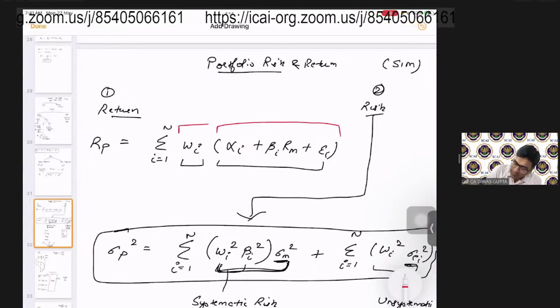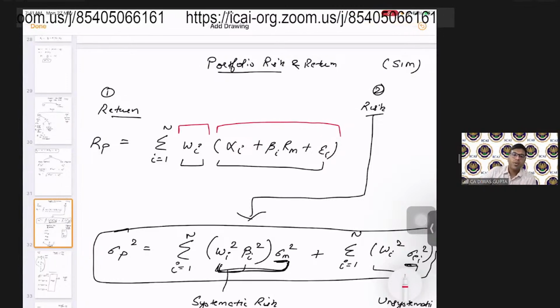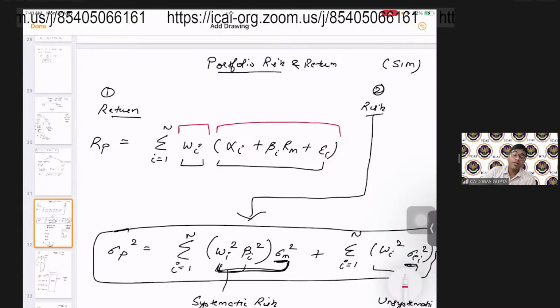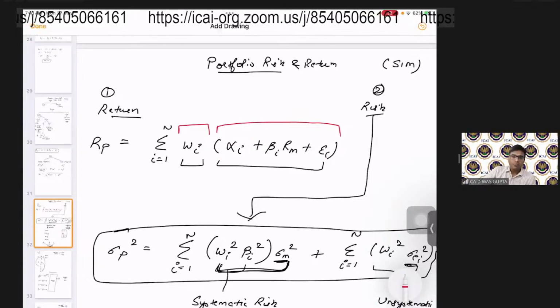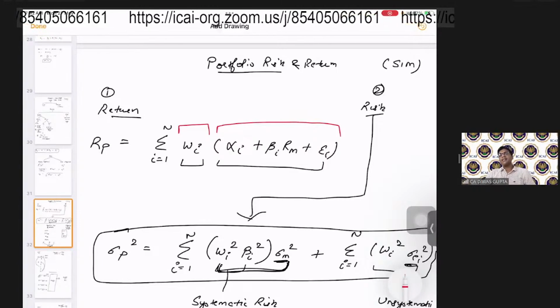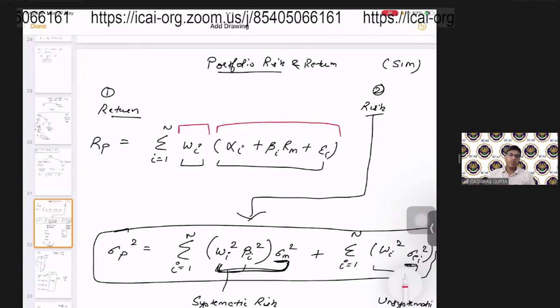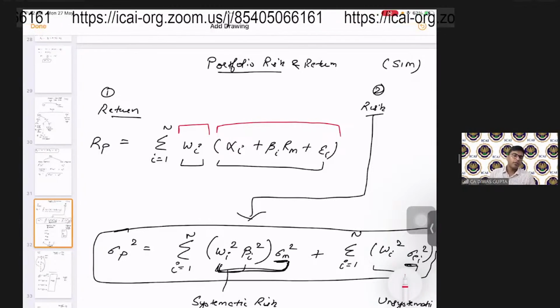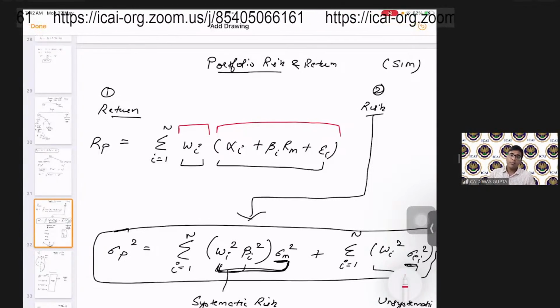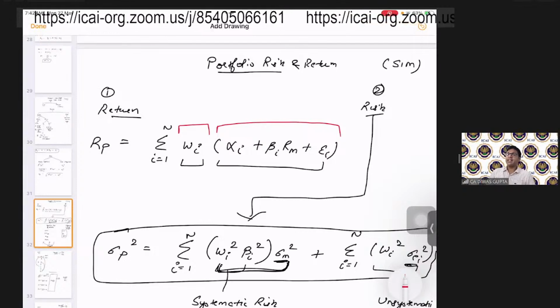Multiply it with the respective weight to arrive at the return of the portfolio. Correct? So let's say there are 10 different securities and there are different weights assigned to those securities. We will arrive at the return of that entire portfolio, by taking a summation.